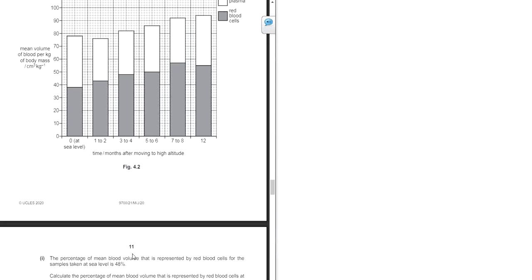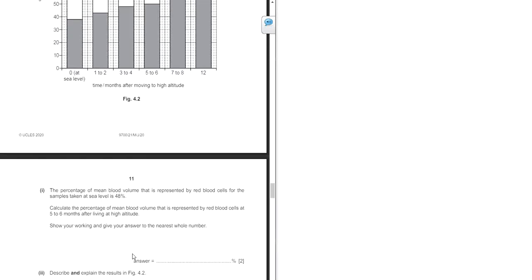Okay, let's have a look at the question. The percentage of mean blood volume that is represented by red blood cells for the samples taken at sea level is 48%. Calculate the percentage of mean blood volume that is represented by red blood cells at 5 to 6 months after living at high altitude.